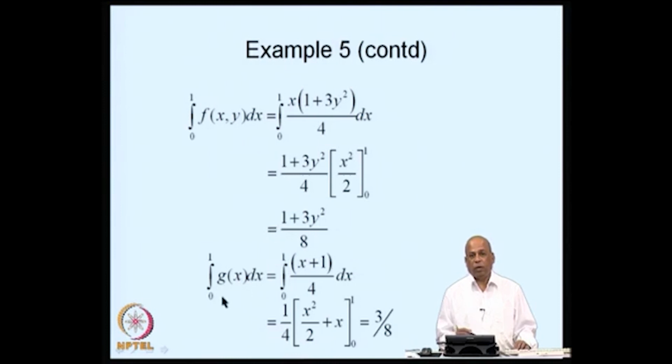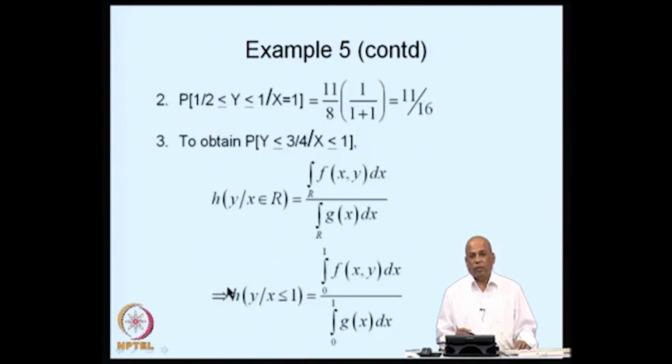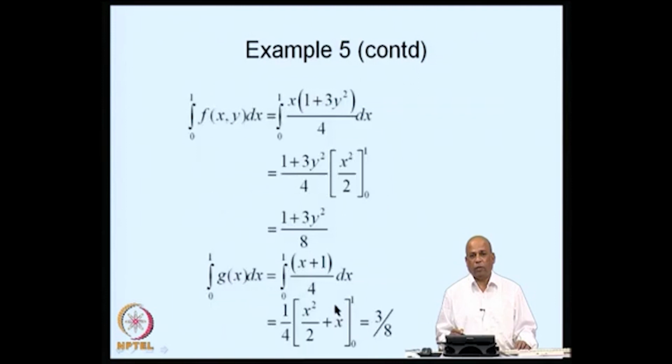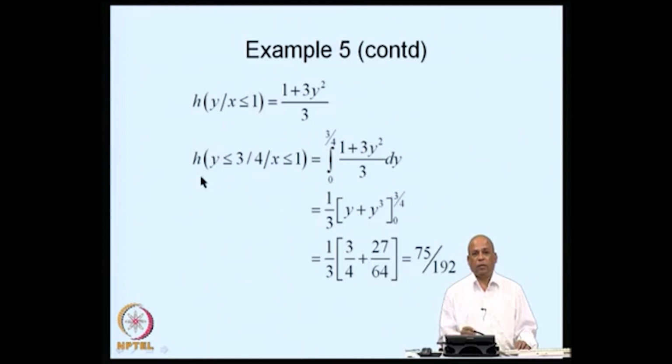Then we also need the integral of the marginal density over the same region. So, we obtain this integral as 3 by 8. From this we get the conditional density h of y conditioned on x being less than or equal to 1 as 1 plus 3 y square divided by 3.